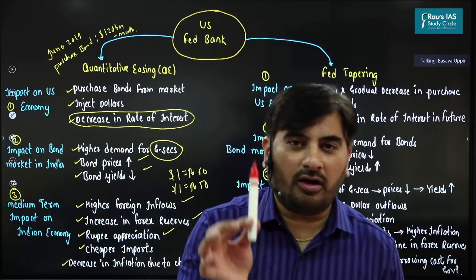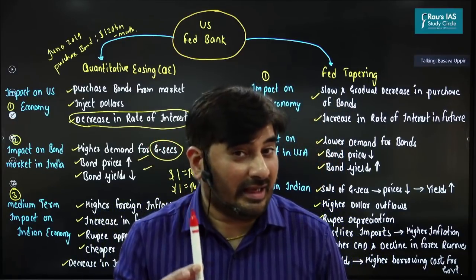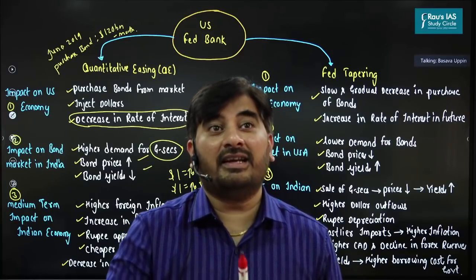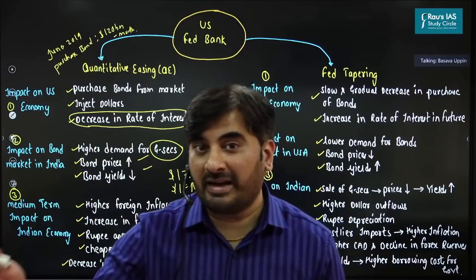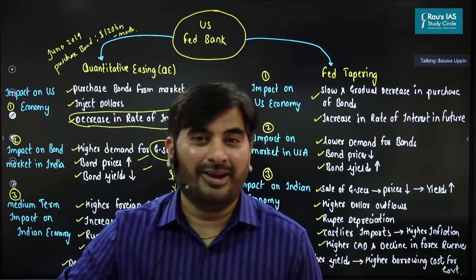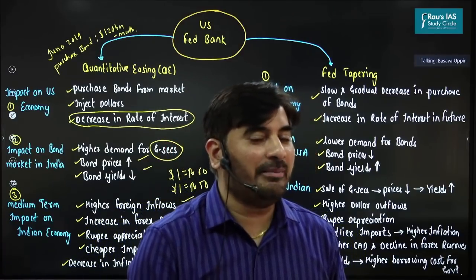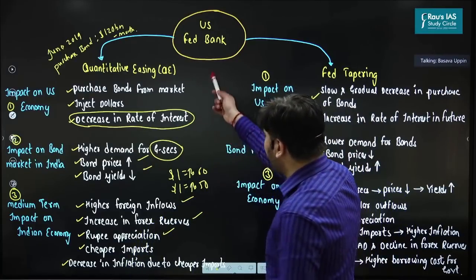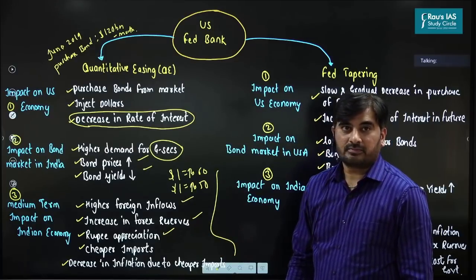So if the cost of importing crude oil reduces, the inflation in the Indian economy will also reduce, because oil as such is a critical input for the economy. Oil is used for transportation, oil is used for manufacturing, oil is used for so many purposes. So if you're importing oil at lower prices, inflation will come down or not. So if you look at quantitative easing, these are the effects on the Indian economy.